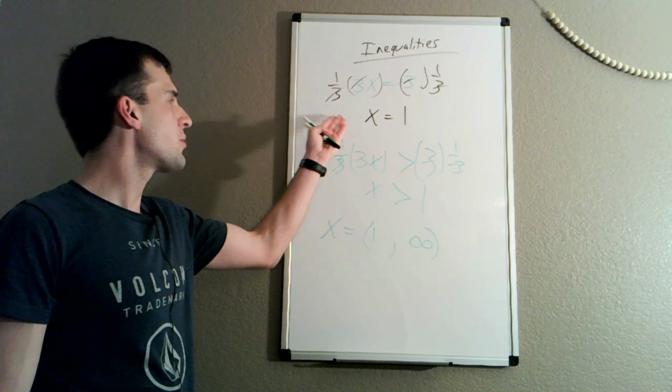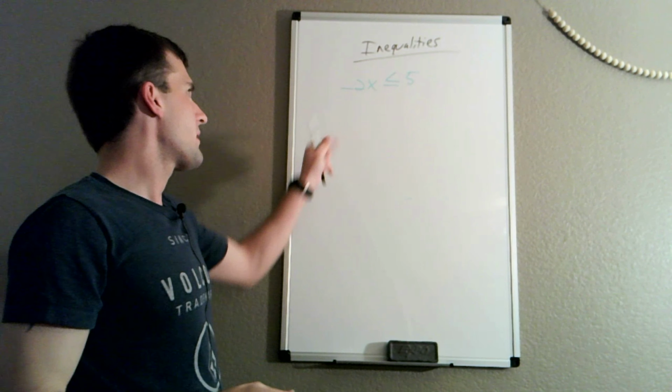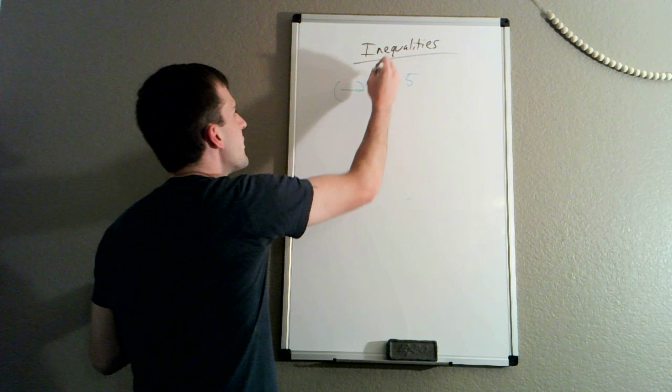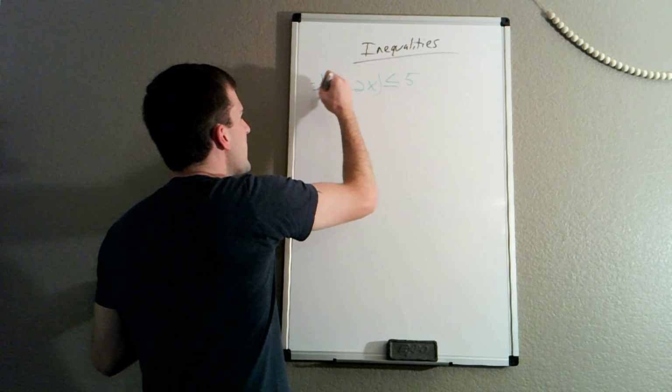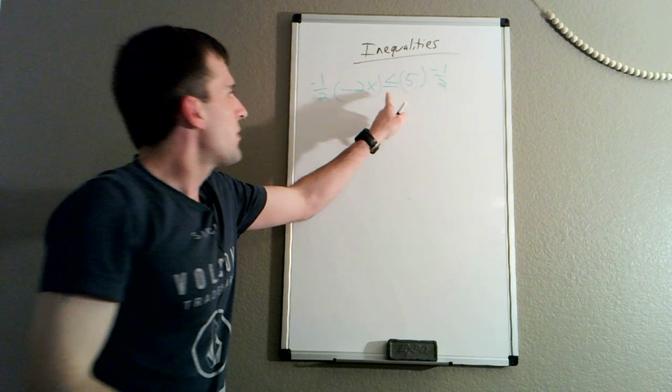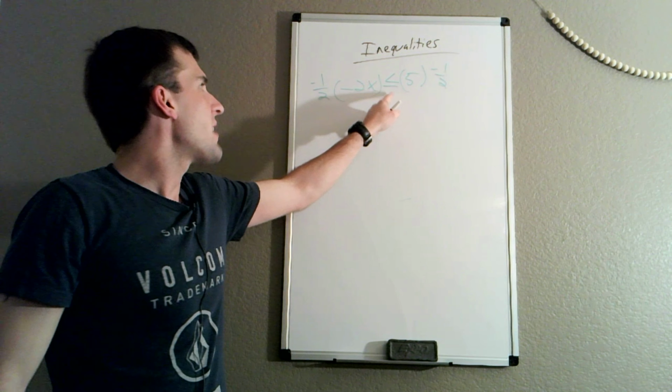Oh, sorry, not equal. We're doing inequalities. So we'll do negative 2x is less than or equal to 5. So when we do this, we're going to do the same thing that we normally do with an equation. We're going to multiply both sides by negative 1/2. But when you do this with a negative, you have to flip the sign.